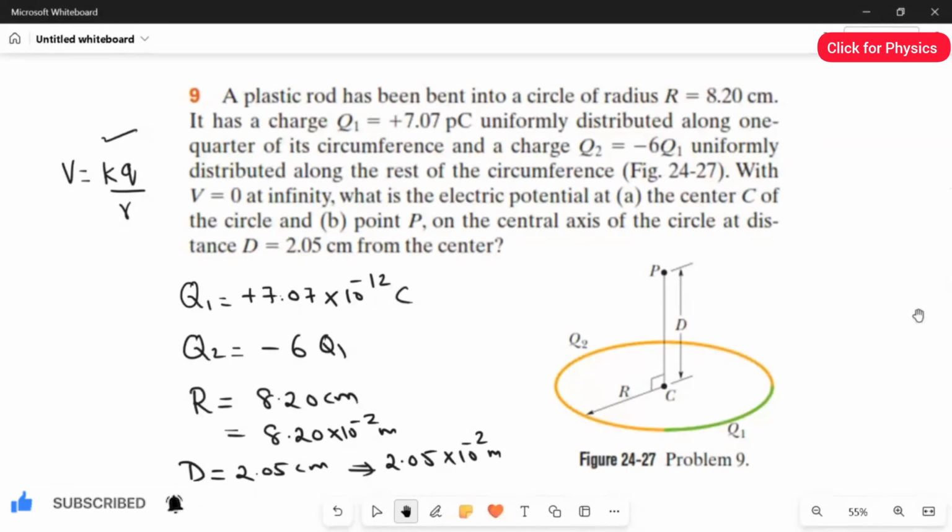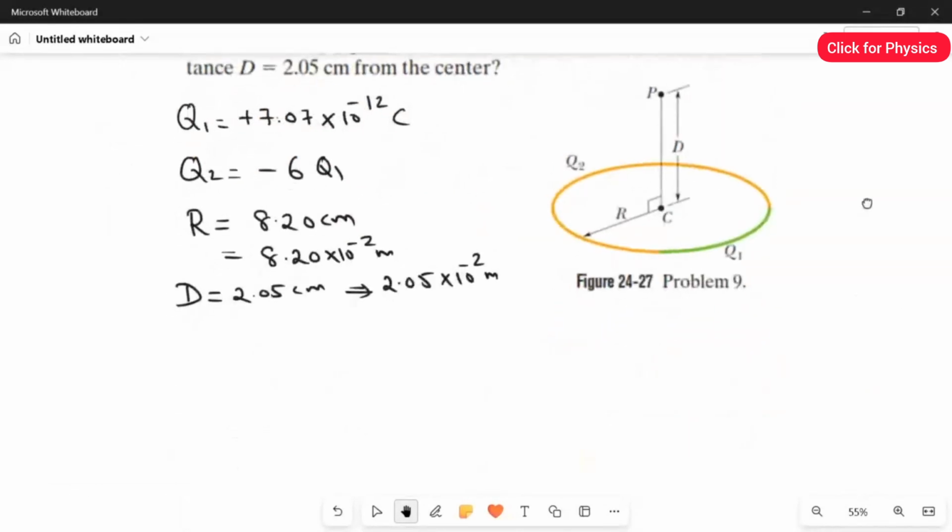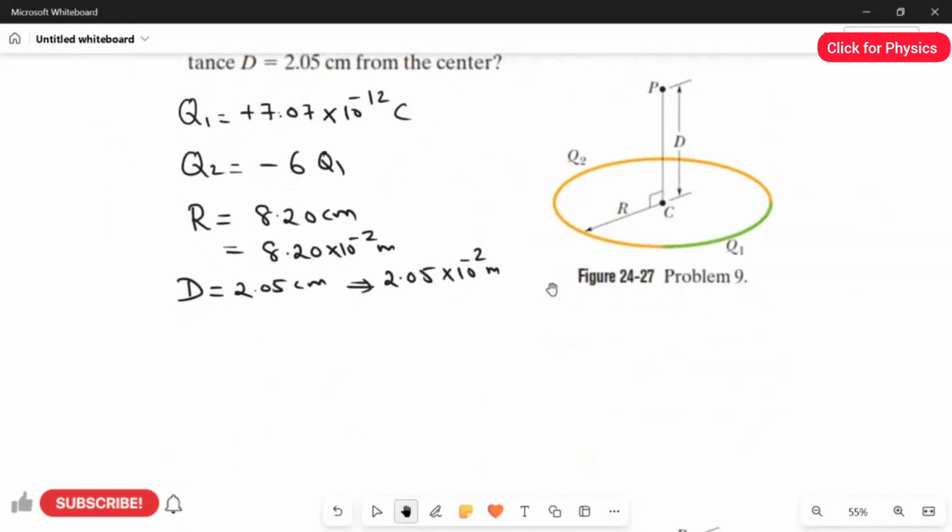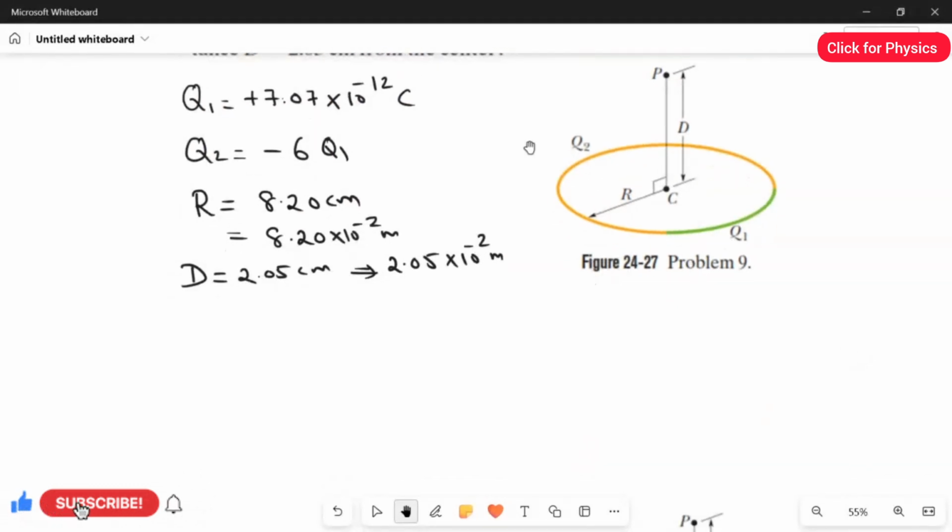So in part A, I'm going to find the answer for the electric potential at point C for both charges q1 and q2. So I have to use that formula for both charges. In part A, we are going to write the formula for the net potential.